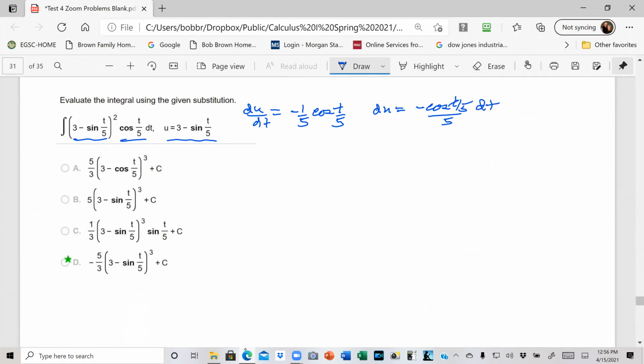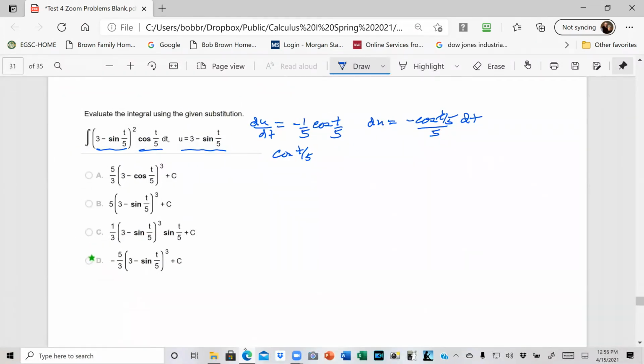And that means that cosine of t over 5 dt is going to be equal to minus 5 du. That all comes from this. Solve for cosine of t over 5 dt, and it will be minus 5 du.